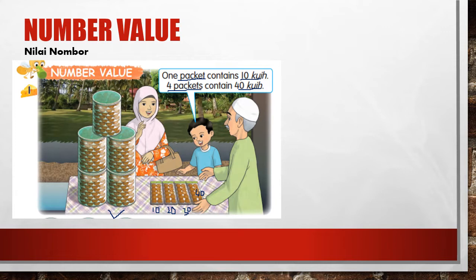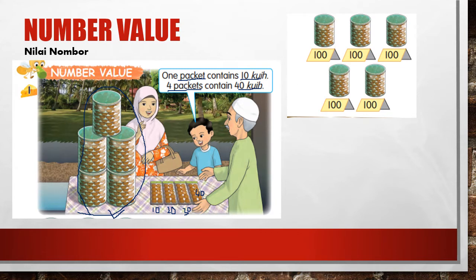But how about this container? How many kueh in all these containers? Okay, one container consists of 100 kueh.